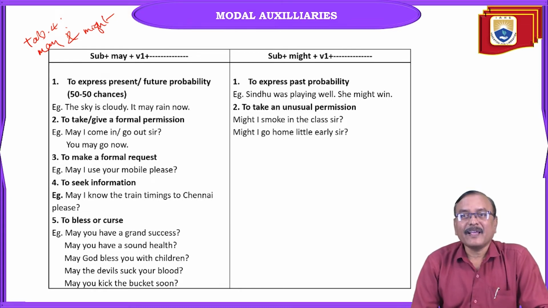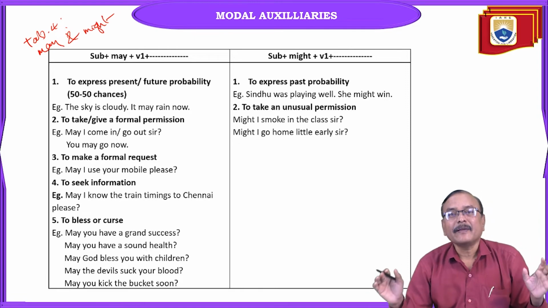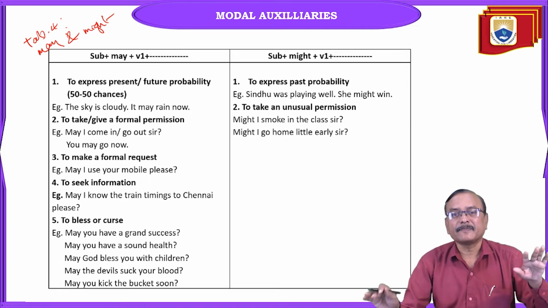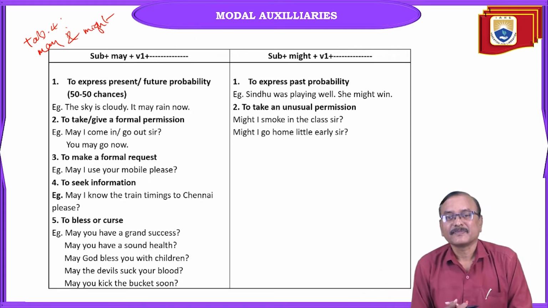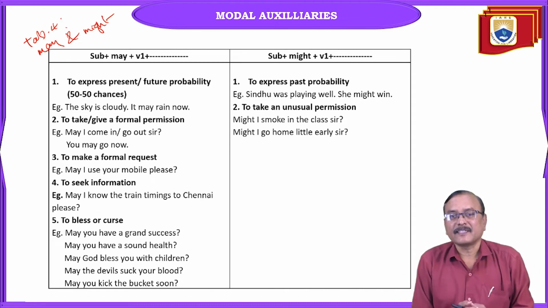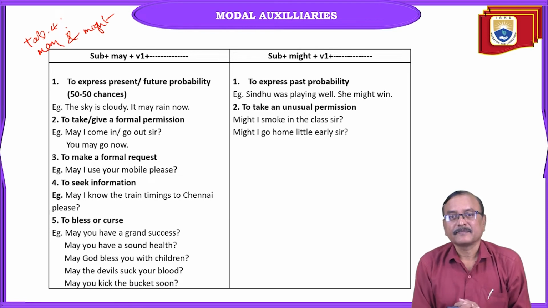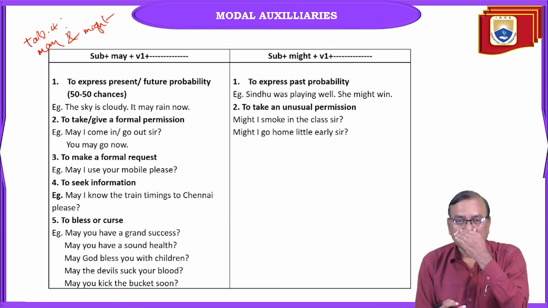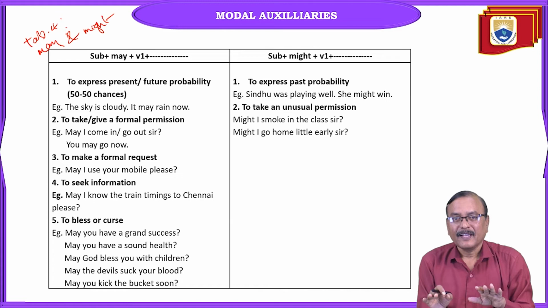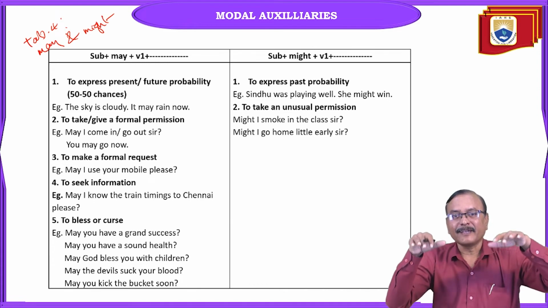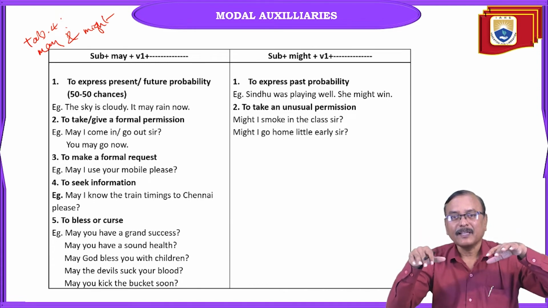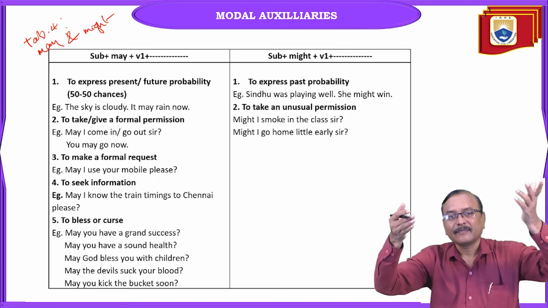Generally here may or might, they indicate probabilities. Probabilities means 50-50 chances. Can will have more chances. Would will have most of the chances. Right? May is 50-50. Can is a little bit more. Okay? And would is here more than that one.